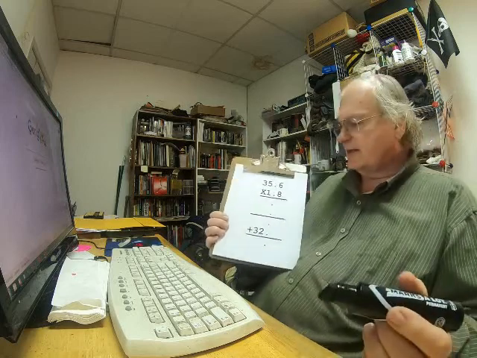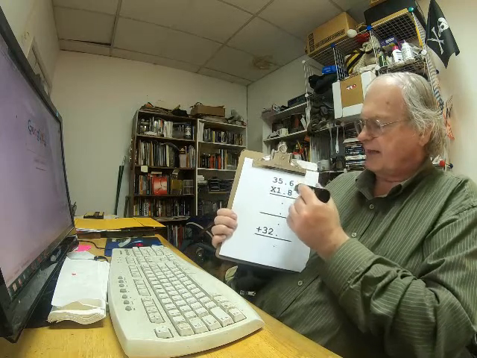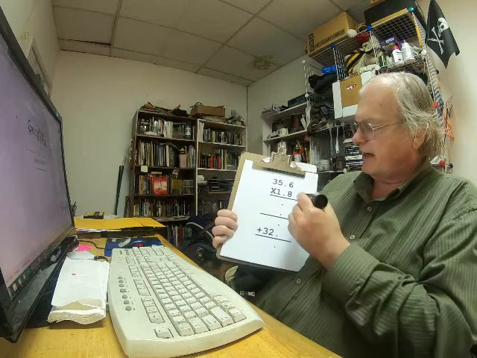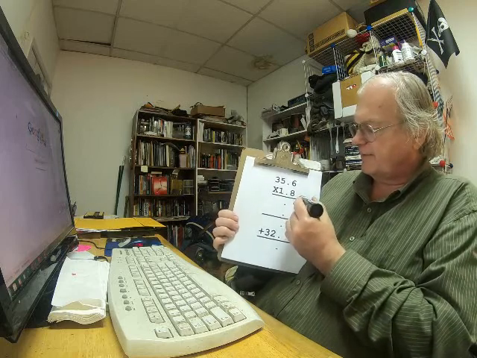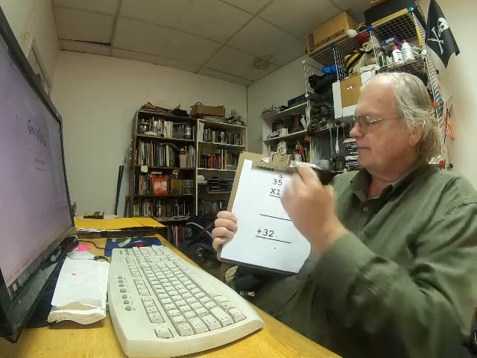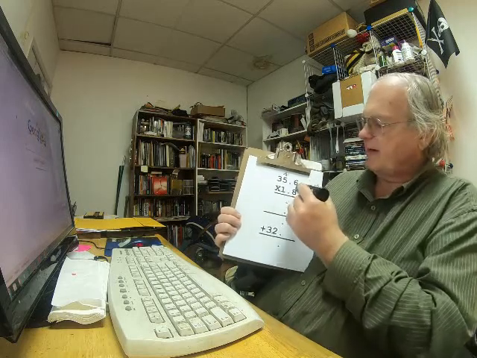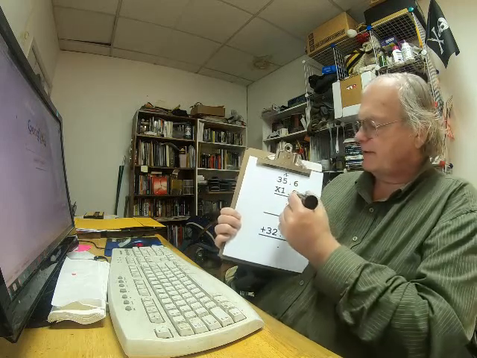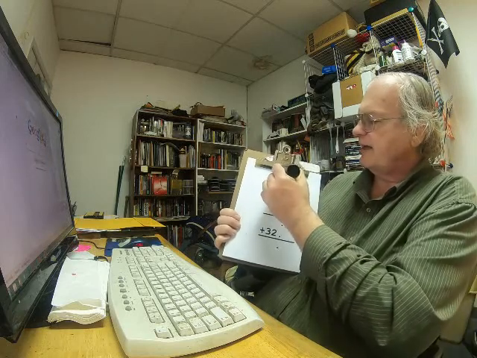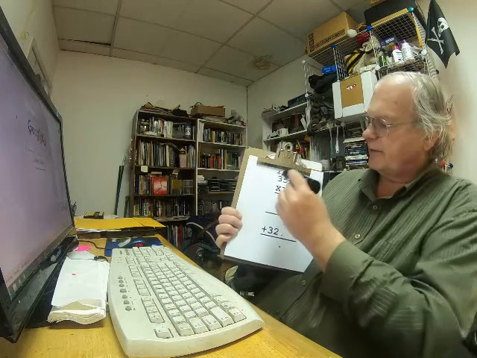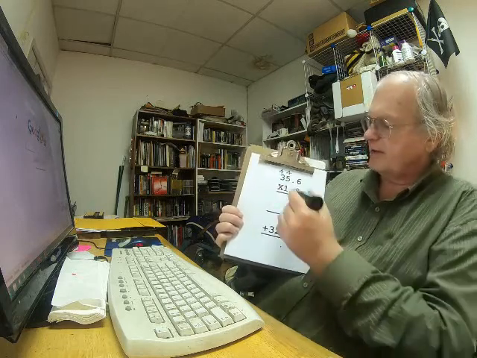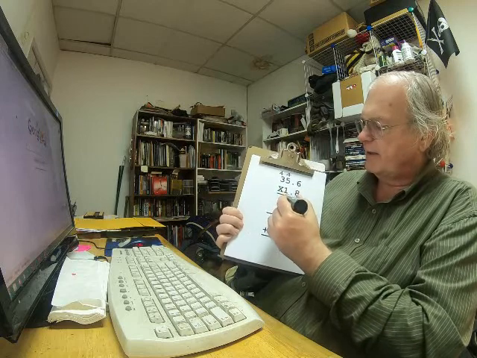So we do this again. Well, these are the tenths by tenths, and the result is hundredths. 6 times 8 is 48, and that's 48 hundredths. We put the 8 here. We carry the 4 over here. 5 times 8 is 40, plus the 4 is 44, so we have that. We carry the 4 again over here. 3 times 8 is 24. 24 plus 4 is 28.